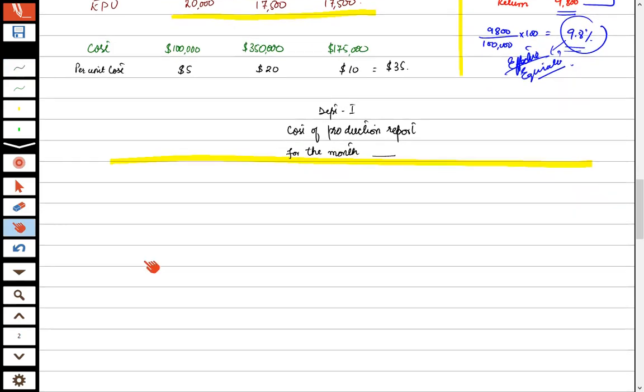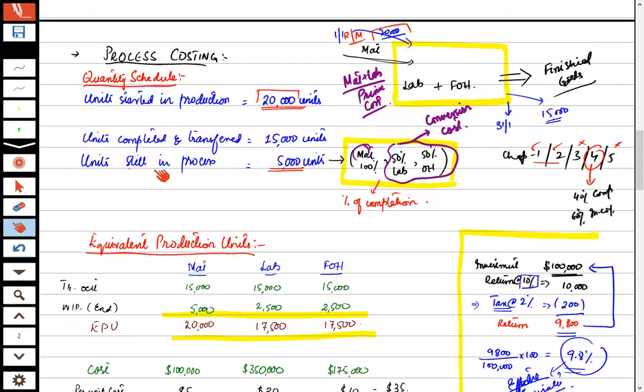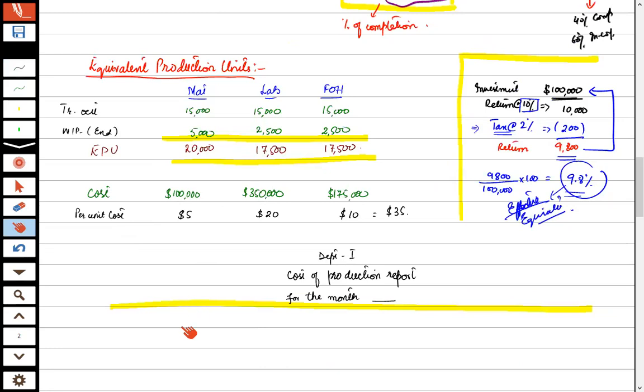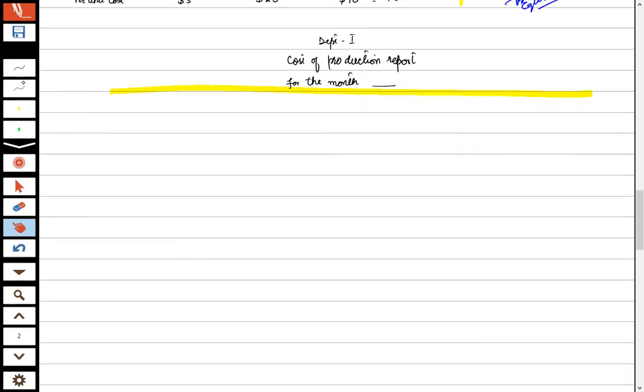Then the first step is to reproduce that quantity schedule which we had made earlier. So I am not reproducing it, I am just putting the heading so that you can understand that the first step in the cost of production report is the quantity schedule. Done.